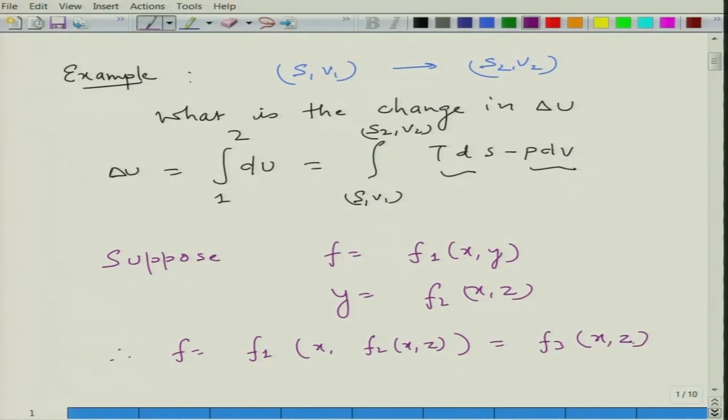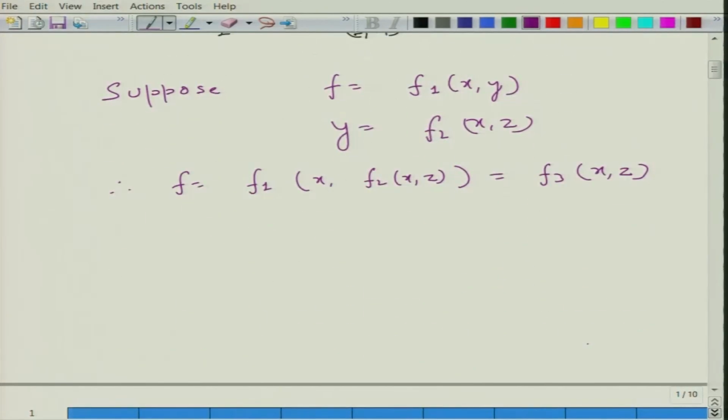The question which would be relevant, or that you may be interested in, is what is the value or expression of del f by del x. What do we mean by del f by del x? It's not defined until we specify what is fixed.